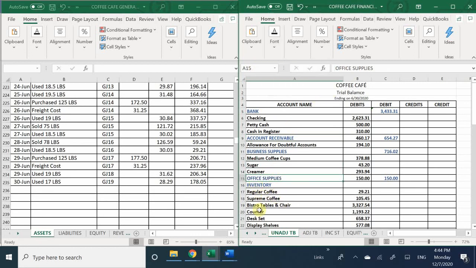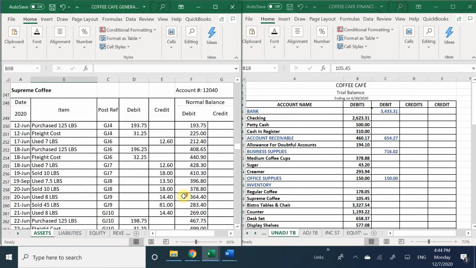So the inventory here is going to be your regular coffee. How much is regular coffee? Scrolling. We are at 178.05. 178.05. And our Supreme Coffee.